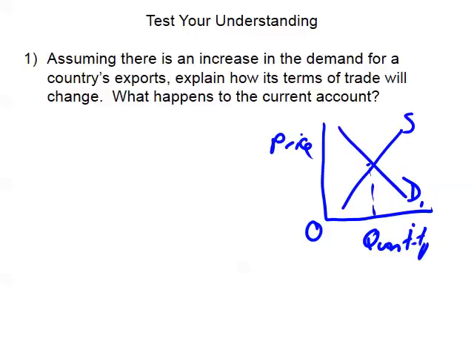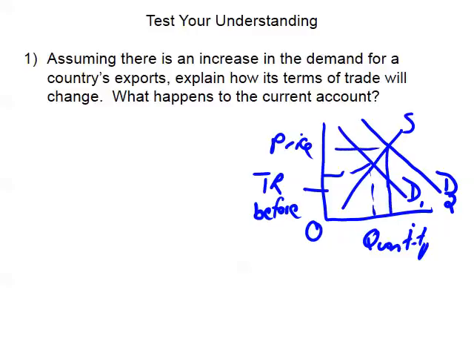And we have a revenue box here before, so total revenue before. And then we switch to an increase in demand. And total revenue after. We can see that the export revenue has increased.